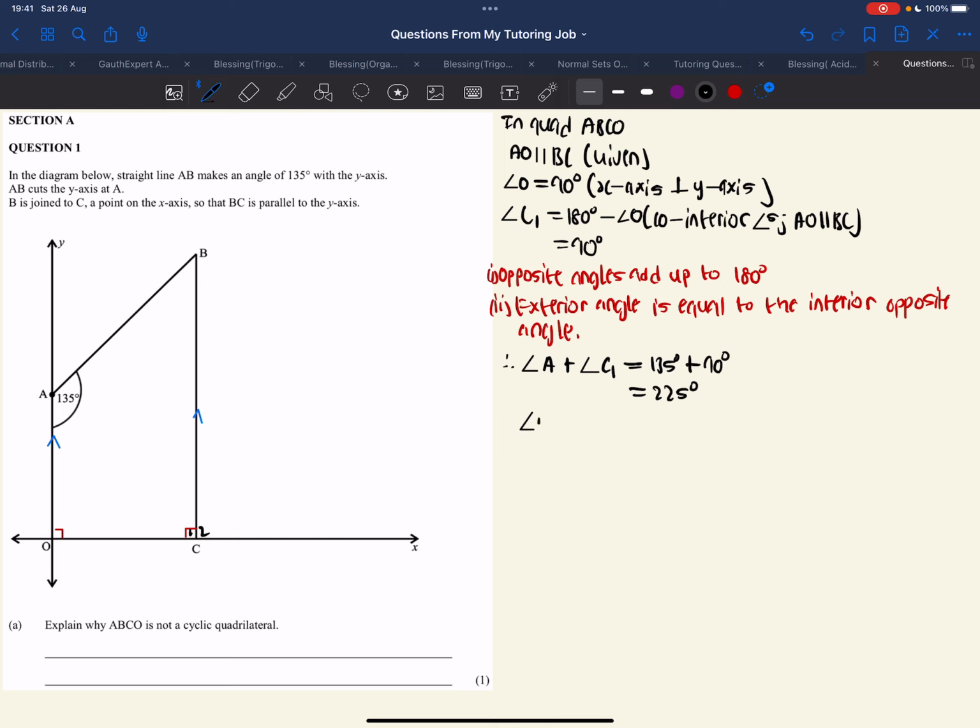Now if that is the case, angle A plus angle C1 does not equal 180 degrees.